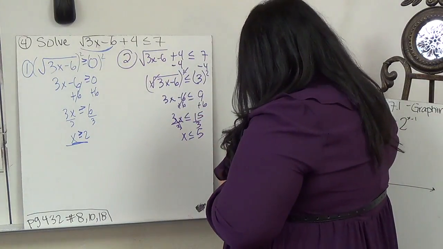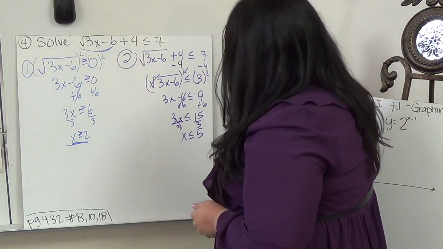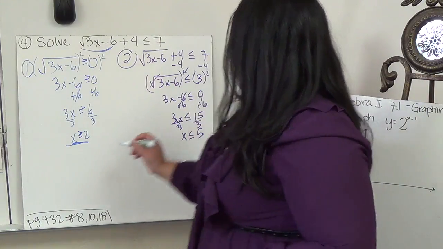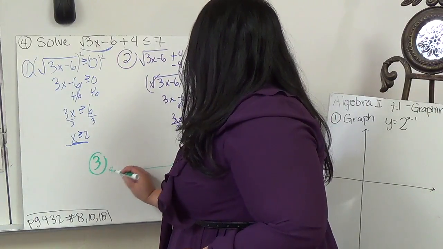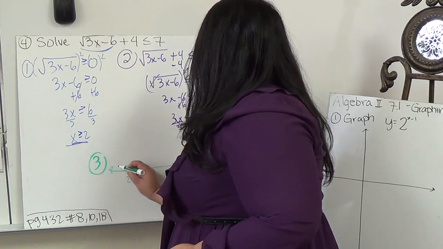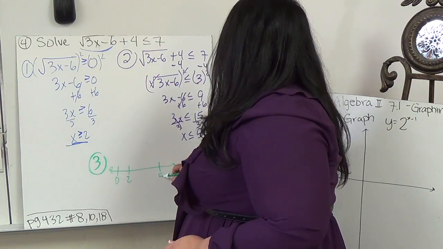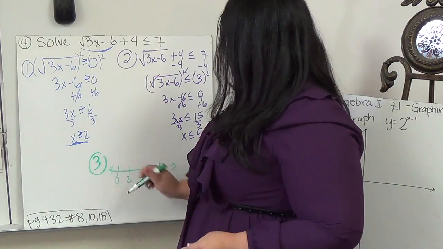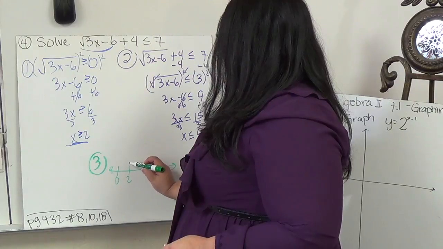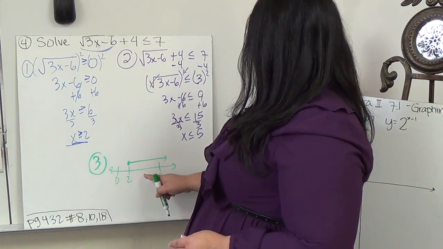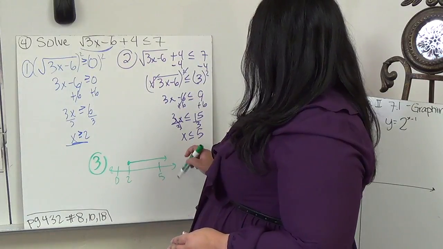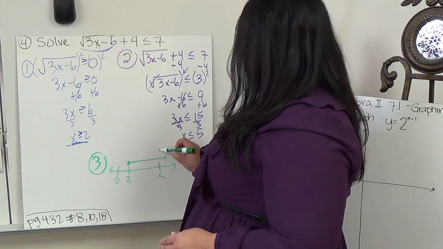So the last step is I'm going to take these two answers on the timeline. Here's 2, here's 0, and here's 5. So the first one is x has to be greater than or equal to 2, but it has to be less than or equal to 5.